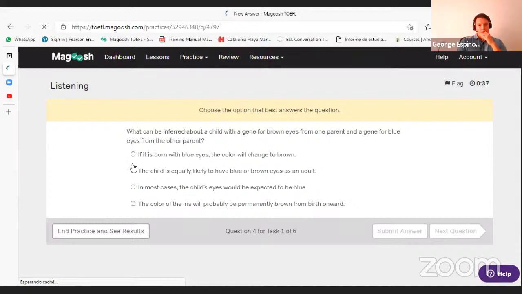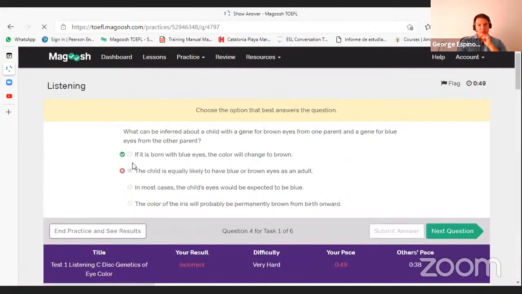Equally. Yeah, right, since they have both. You guys agree? Okay. Oh, okay. So it was, if it's born with blue eyes, the color would change to brown.